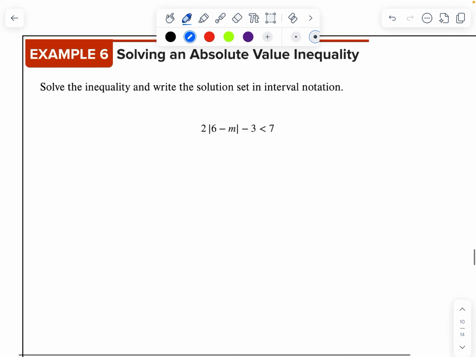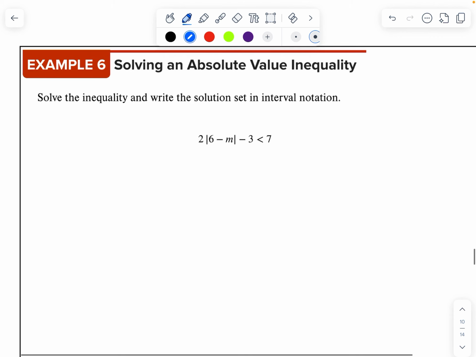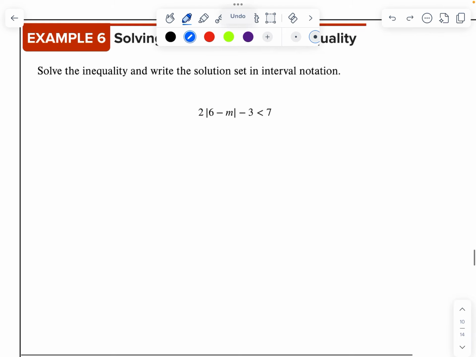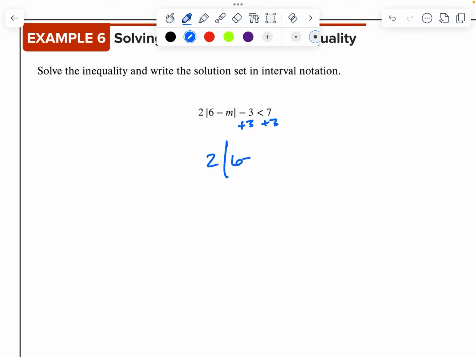Let's try one of these. Just like with absolute value equations, it's easiest if you can get that absolute value by itself first. So start with adding the 3. Then we can divide by the 2.